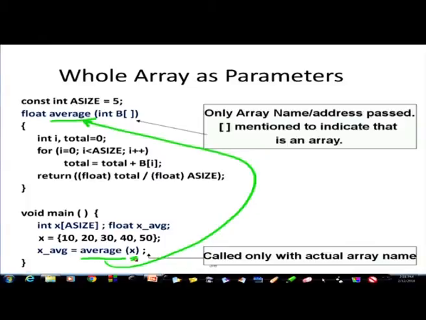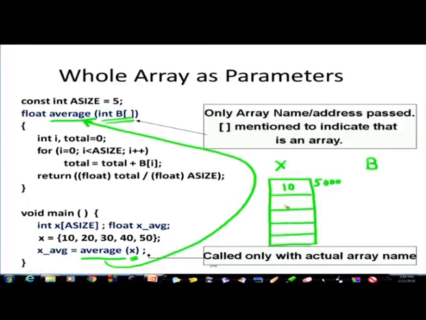What is x? x is an array, and that is appearing just as a variable here, and that is being accepted as B. So, what is the correspondence between x and B? x is somewhere, suppose starting with location 5000, and there are 5 elements as has been said here: 10, 20, 30, 40, 50.